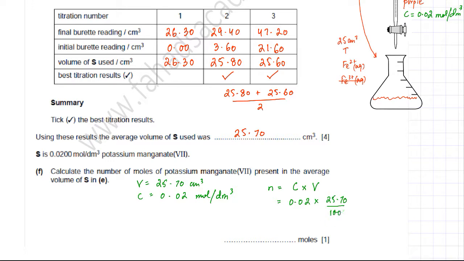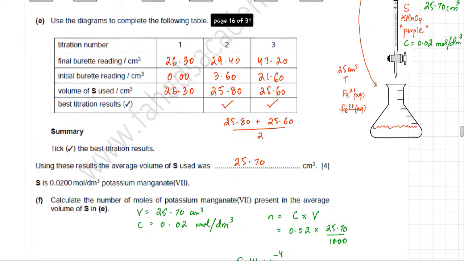So I'm going to divide that by 1000, and I'm going to use my calculator to solve this now. And the answer that I get on my calculator is 5.14 times 10 to the power minus 4 moles. So that is the moles.